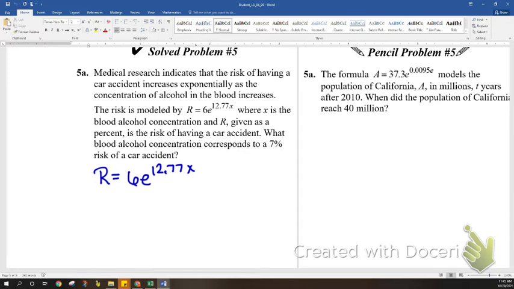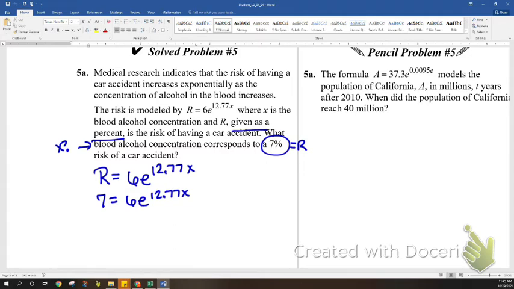So the question says what blood alcohol concentration, so that means we're after x, corresponds to 7% risk of a car accident. That's our R. And remember, R is given as a percent, so we're going to use the 7. We're not going to change it to a decimal. So we have 7 equals 6e to the 12.77x.